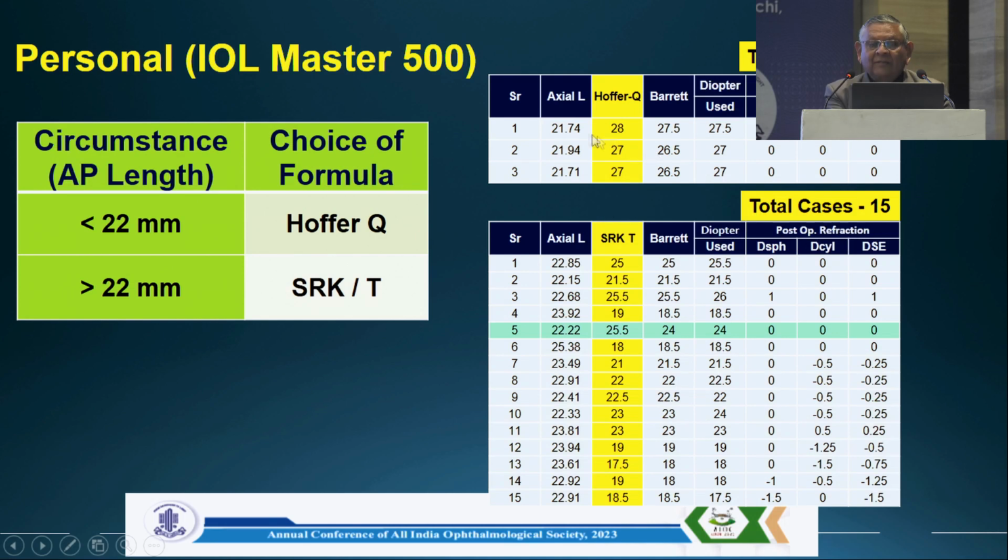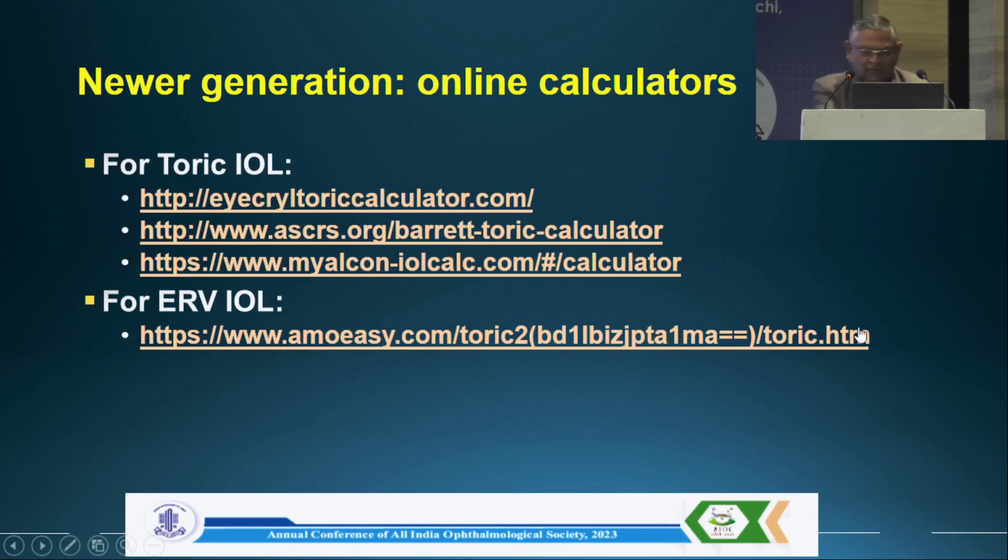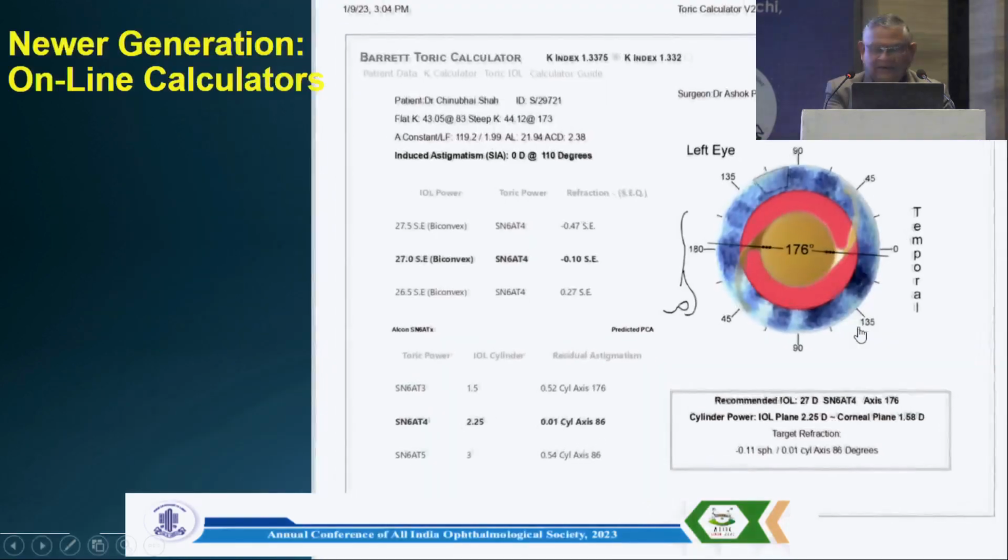We have even compared with the Hoffer Q and Barrett, and you can see that in this case, with the SRK II formula, the IOL power was 25.5, and the Barrett gave 24. We went for the 24, and then the landing was 0. Of course, newer generation formulas are now available, and we must use them.